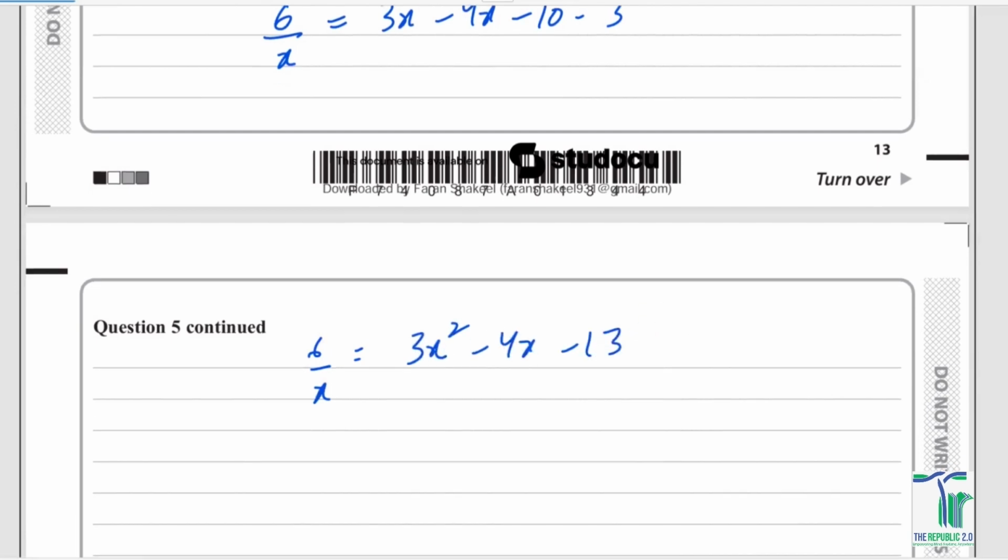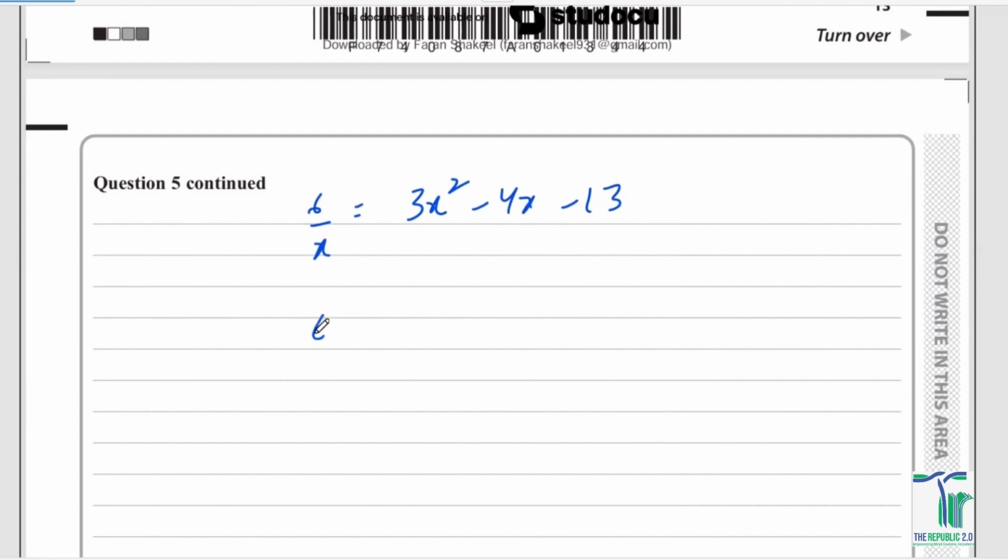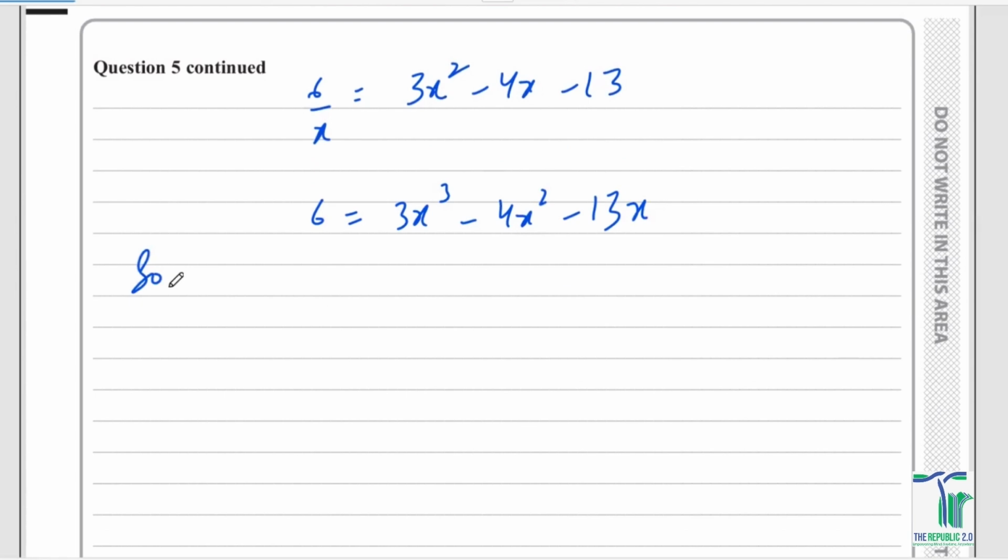At the end of the day, I'm just going to multiply x on both sides, and I would have 6 equals 3x cubed minus 4x squared minus 13x. We can rewrite this equation to look like 3x cubed minus 4x squared minus 13x minus 6 equals 0. And that was the equation required.